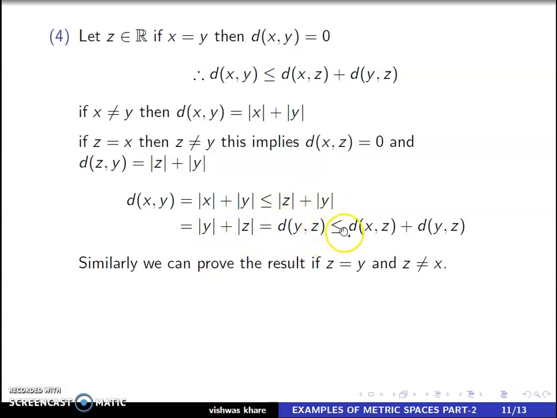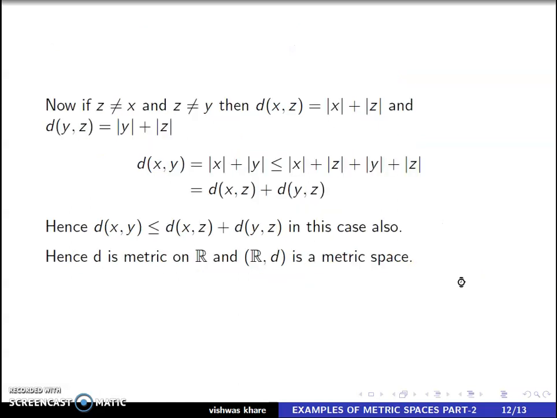And d(y,z) is less than or equal to d(x,z) plus d(y,z), because d(x,z) is a non-negative quantity, so d(y,z) is always less than or equal to d(y,z) plus some non-negative quantity. So ultimately we got d(x,y) is less than or equal to d(x,z) plus d(y,z). Similarly, we can prove the result if z is equal to y and z is not equal to x.